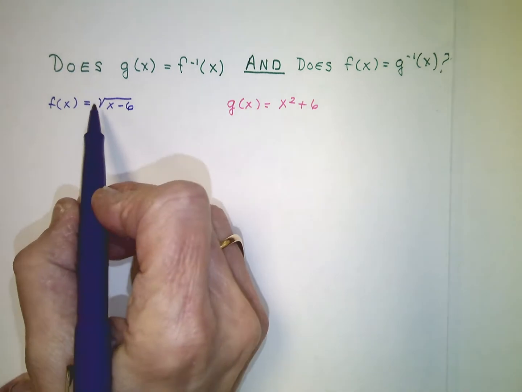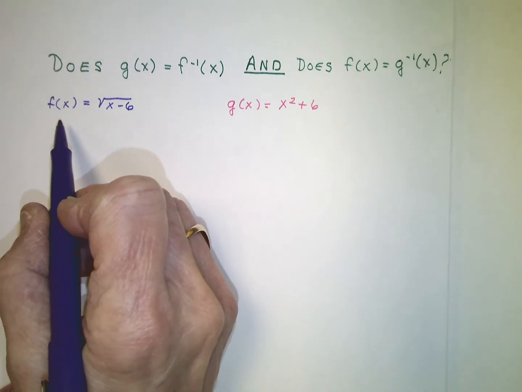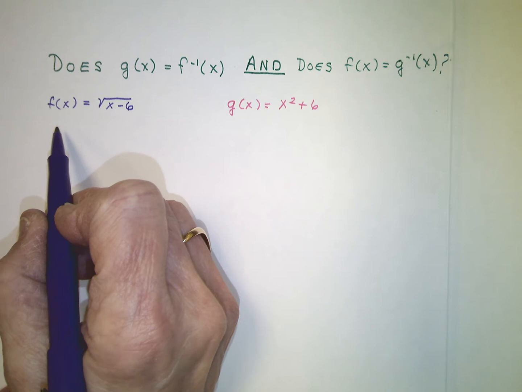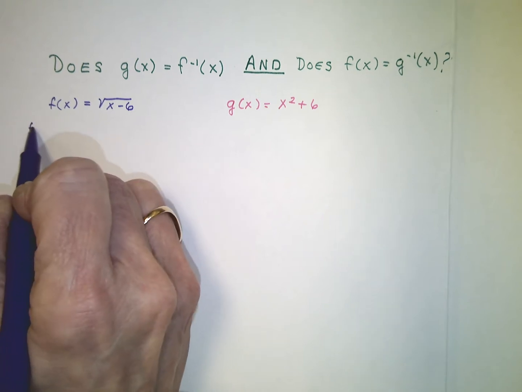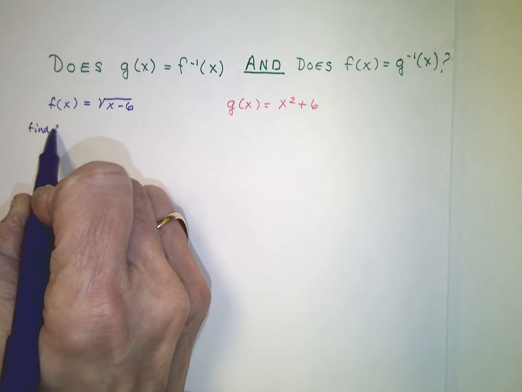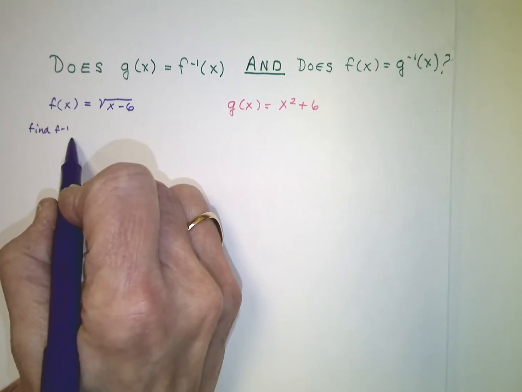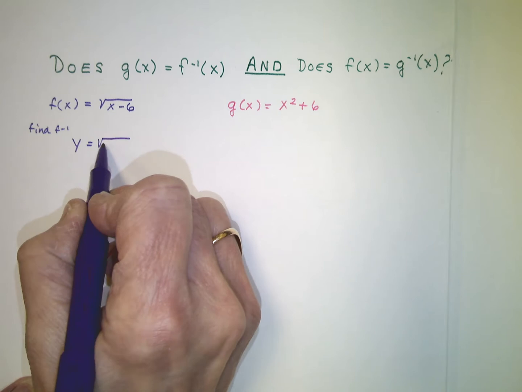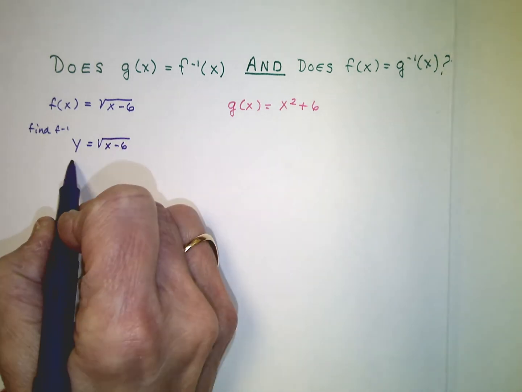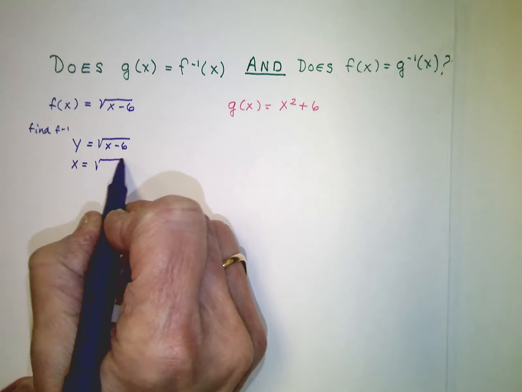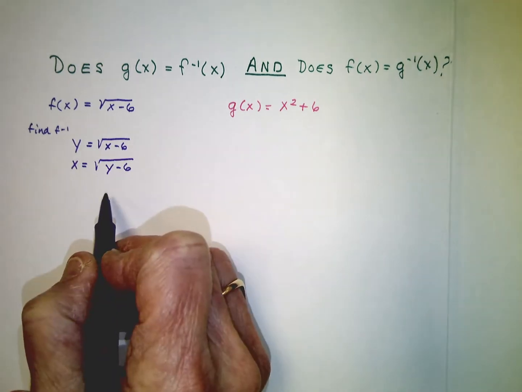So to find f inverse of x, we're going to use that multi-step process that Mrs. Milburn showed us. We're trying to find f inverse. So we're going to replace the f of x with y. And then if you remember, we switch the y and the x, and solve for the new y.